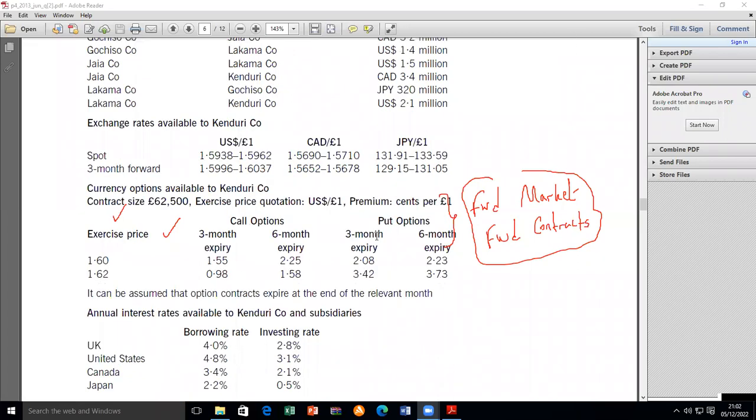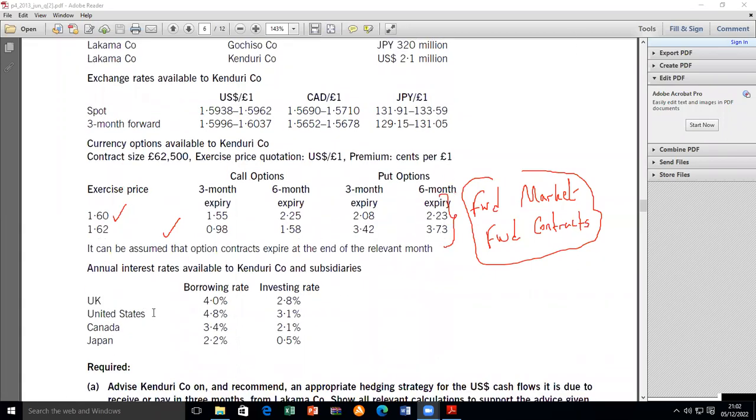Next, there are these interest rates, annual rates given here. The annual rates available to Kenduri. This tells you that Kenduri can access the money market hedge.